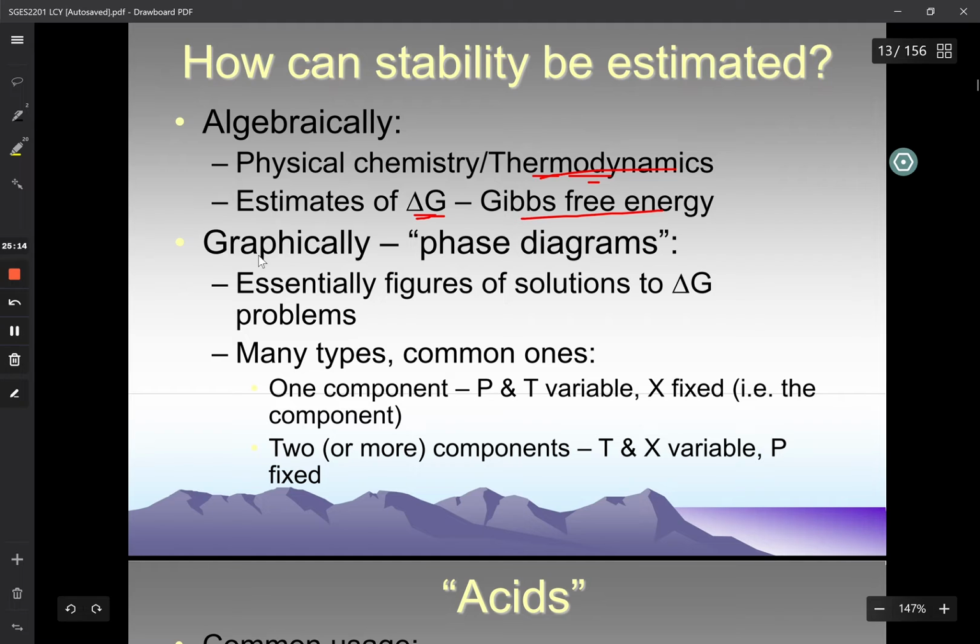Another way, we can estimate stability by using a phase diagram. These phase diagrams have been experimentally validated.